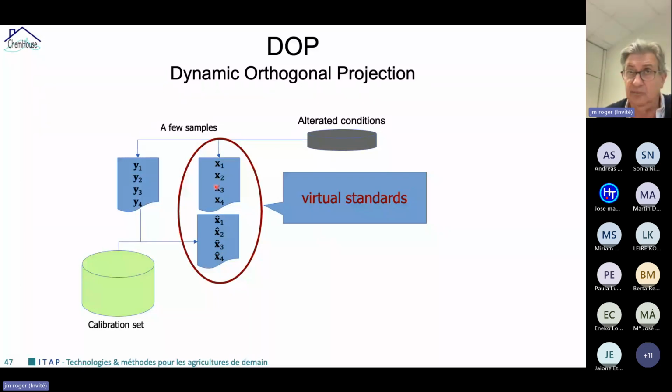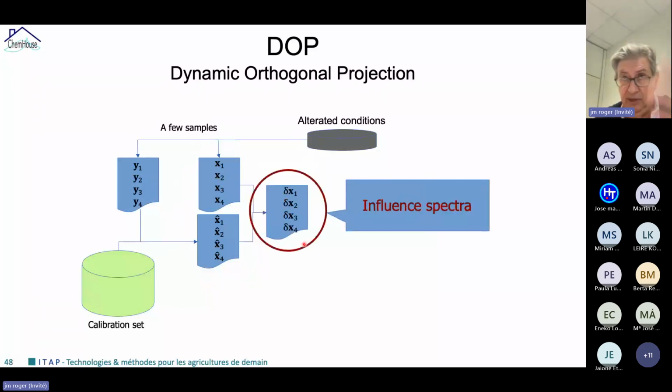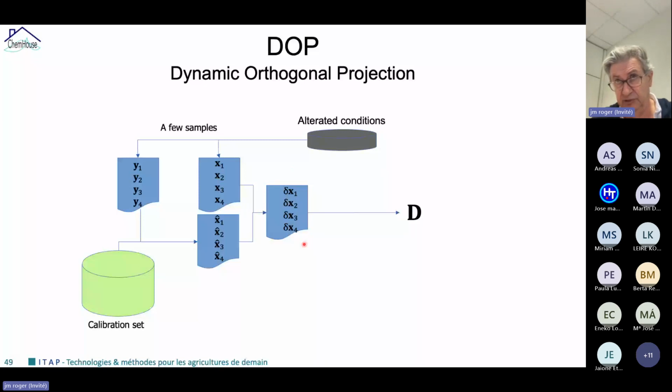In fact, it is as if we have measured the same object in the source domain and in the target domain, but without really having these standards. So with these standards, we can perform a PDS, but also we can perform an orthogonalization. We can derive the influence spectra and use them in the D matrix in order to compute the orthogonalization.